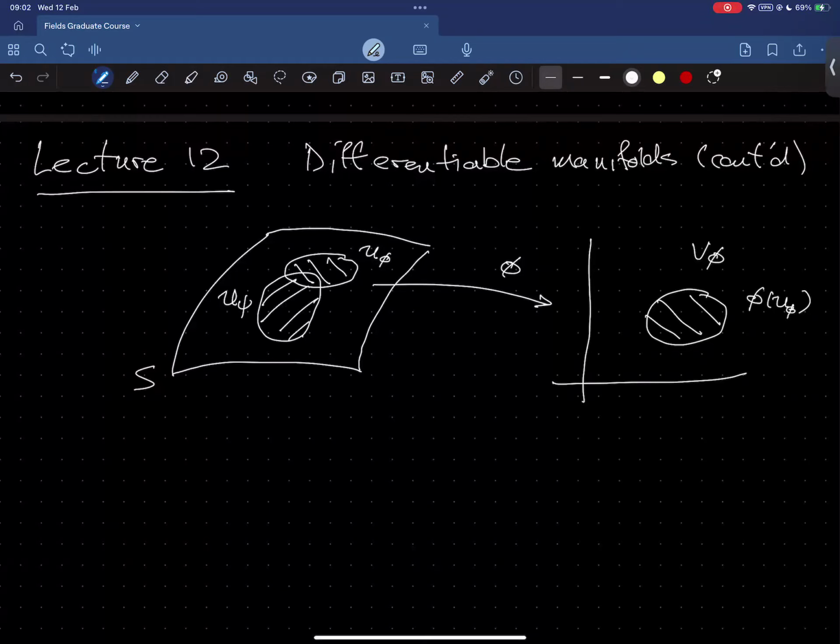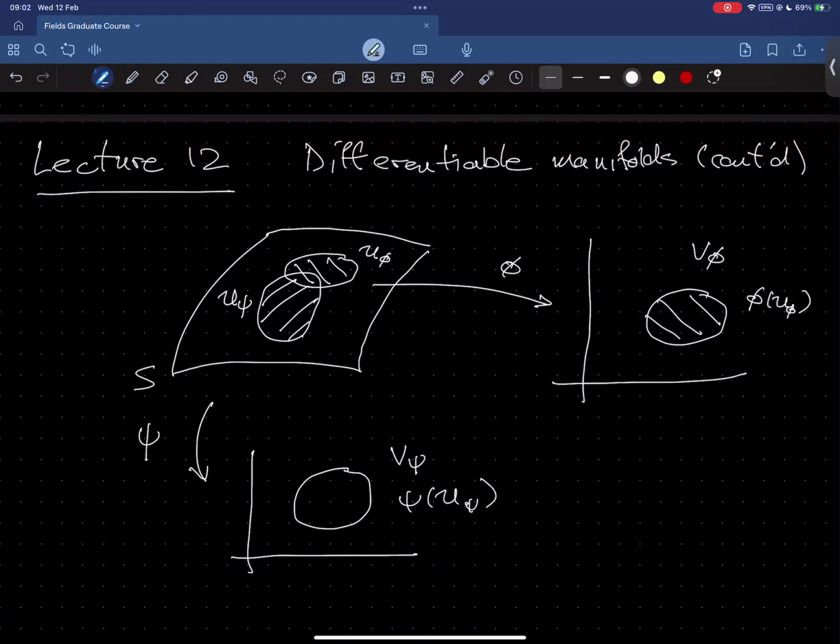And it has a chart map, psi, and it maps into some other locally convex space, possibly V psi, and its image has to be an open subset of the locally convex topological vector space V psi.